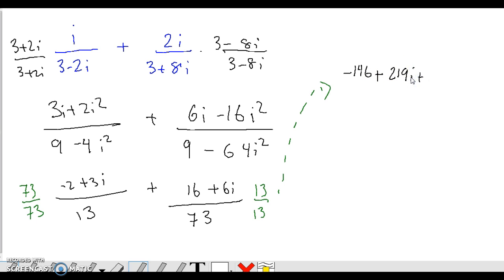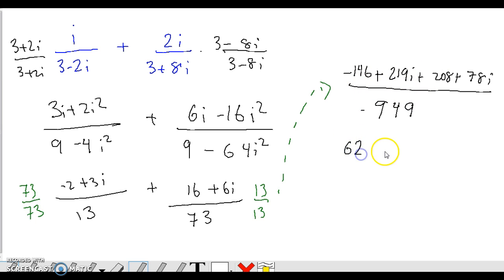And then let's go to 16 times 3, so plus 208. And then 6 times 13, so plus 78i. And then 73 times 13, 949. So if we add these numbers together, so 208 and a negative 146 should be 62.